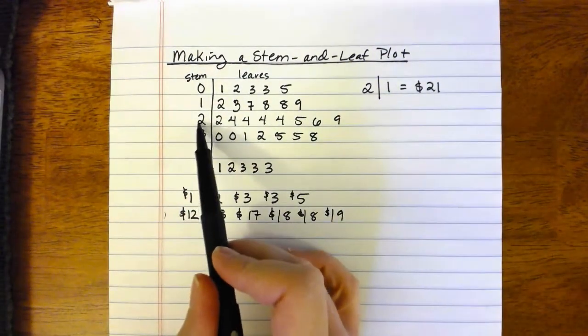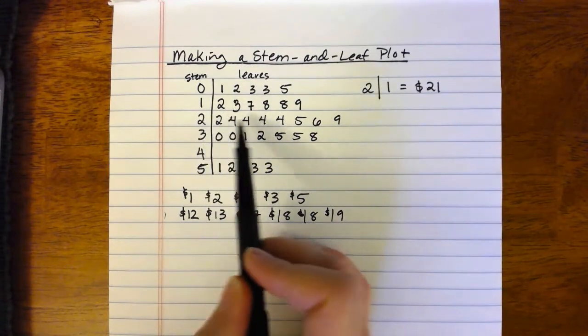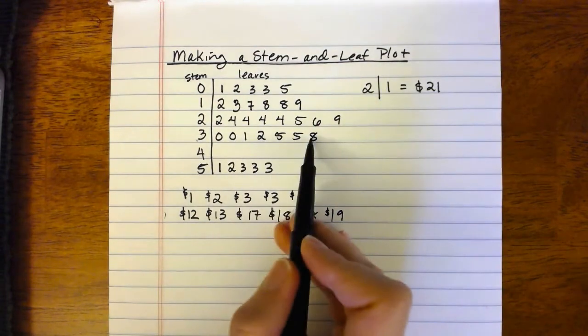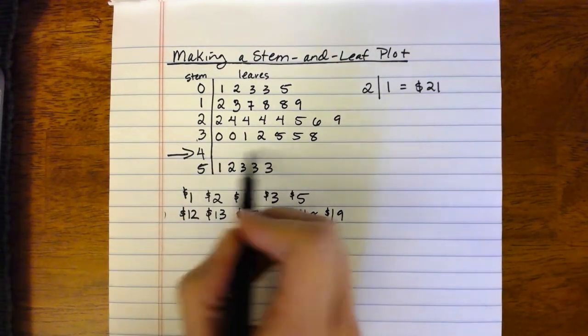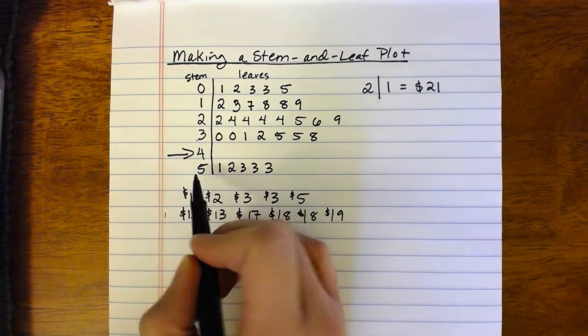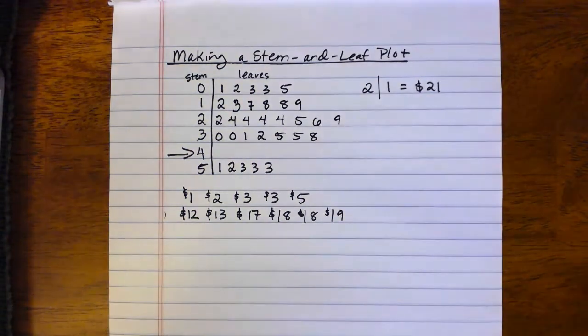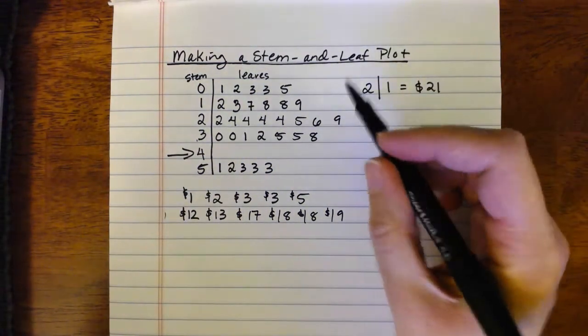Then these would all be in the 20s: $22, 24, 24, and so on. 30, 30, 31, and so on. We don't have any in the $40 region because that line is blank. Then we have some in the 50s: 51, 52, and a few 53s. Okay, that's how to interpret a stem and leaf plot.